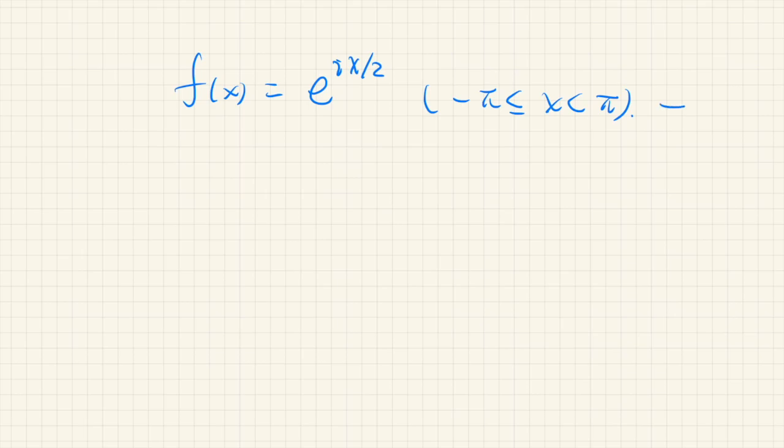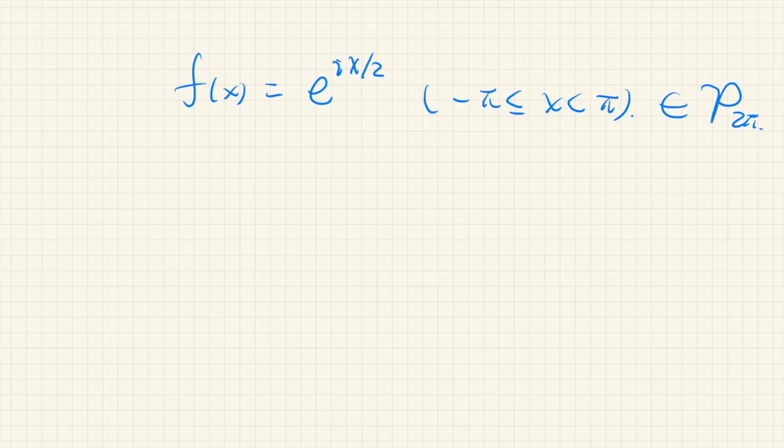Okay, let's consider an example. f of x equal to exponential of i x over 2 for x between negative π and π. And we're assuming this is a periodic function with a period of 2π.